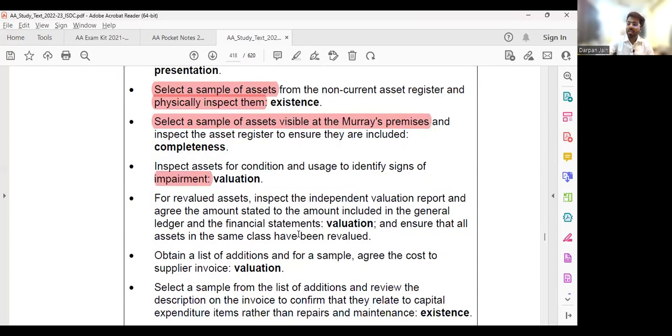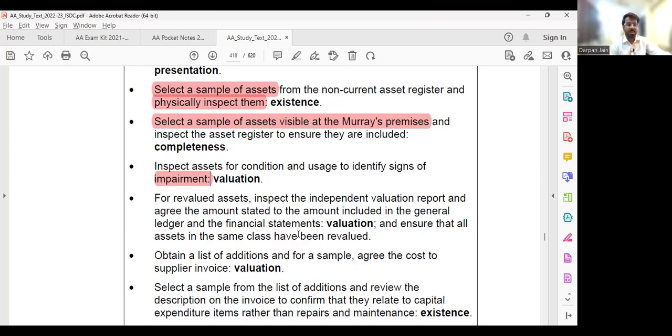Next, if there was any revaluation during the year, for the assets which were revalued during the year, what should you do? You should get a valuation report to check the value that the company has taken. Revaluation means that the company must have revalued it to the fair market value, right?